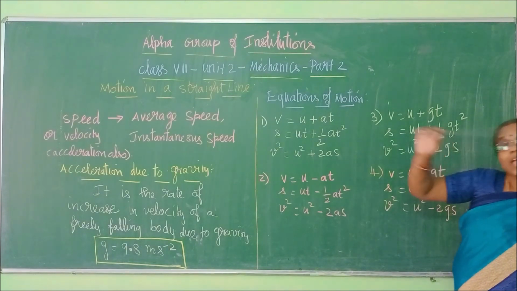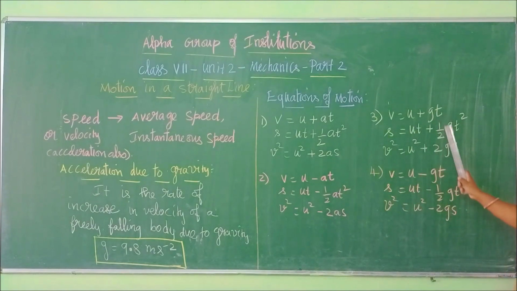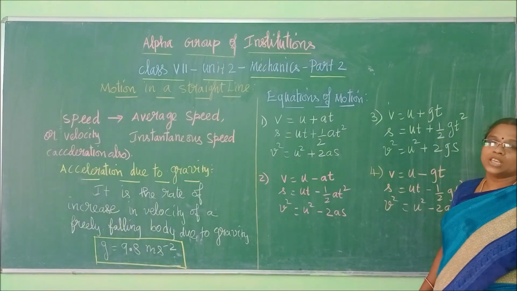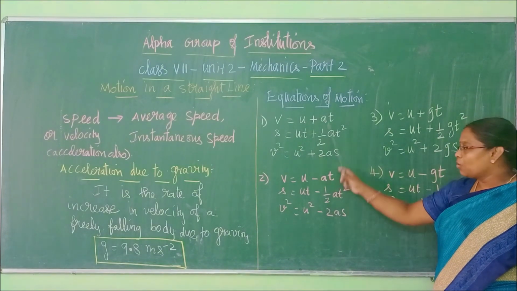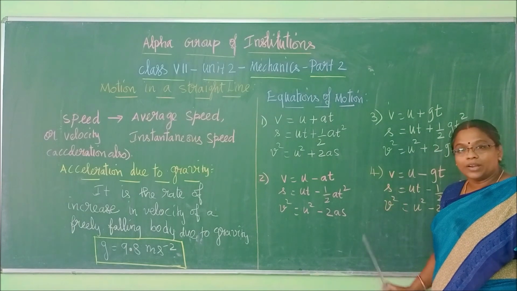It is going against gravity, so wherever we have plus, replace it with minus. V is equal to U minus GT. S is equal to UT minus half GT square, and V square is equal to U square minus 2GS.